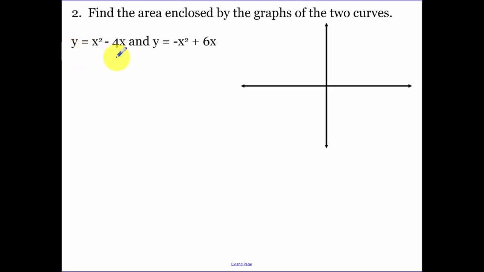Next, we have y equals x squared minus 4x. If I factor out an x, we get x times (x minus 4), so the intercepts are 0 and 4. That's a parabola facing up.